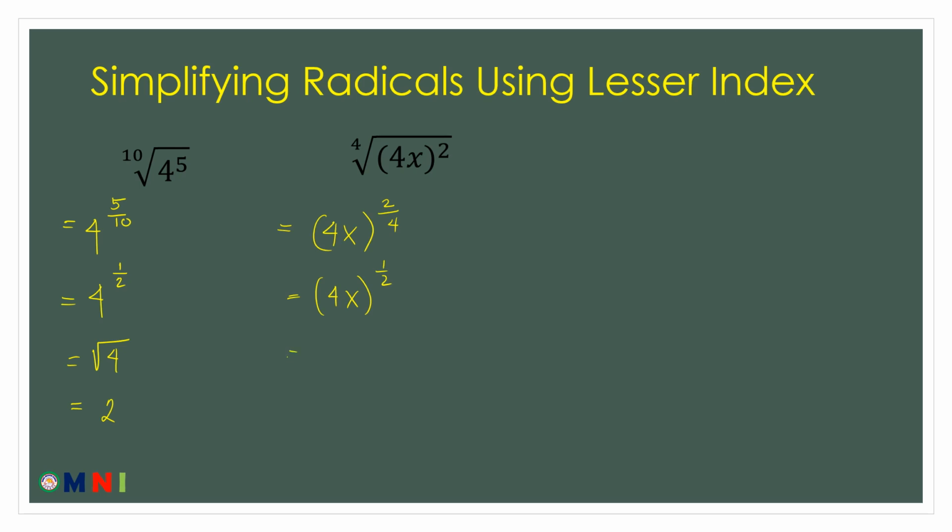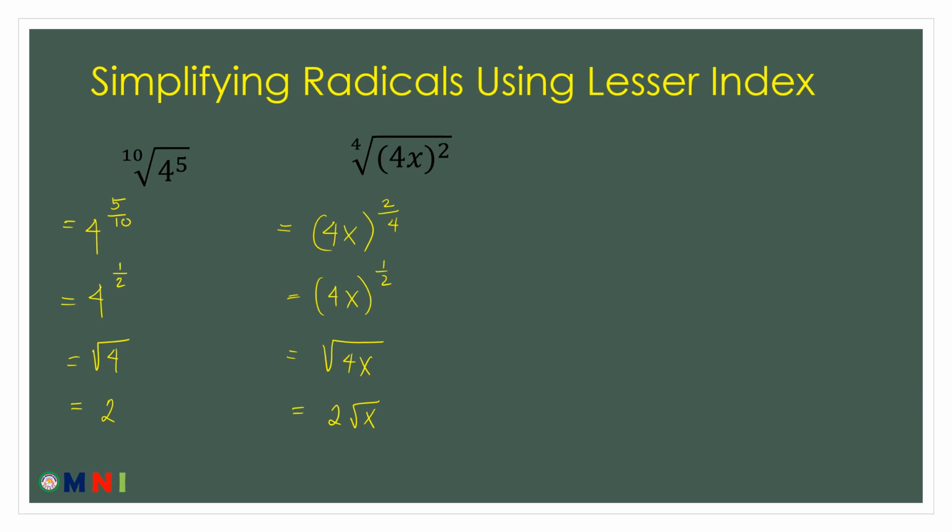And again, write it in radical form, in which we have 1/2, that is square root of 4x. And therefore, the square root of 4 is 2, and the square root of x cannot be simplified anymore. Therefore, we still have to continue. We have 2 square root of x, or 2 times the square root of x. So this is the simplified radical with a lesser index.